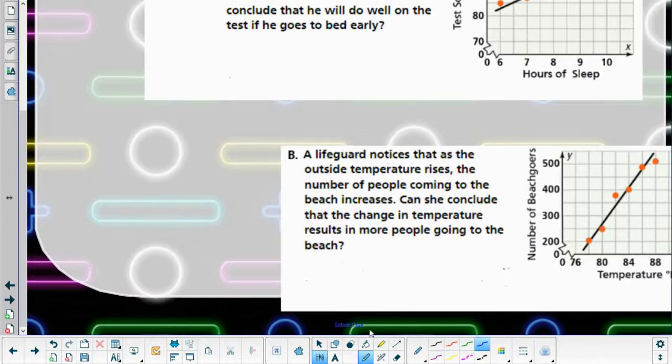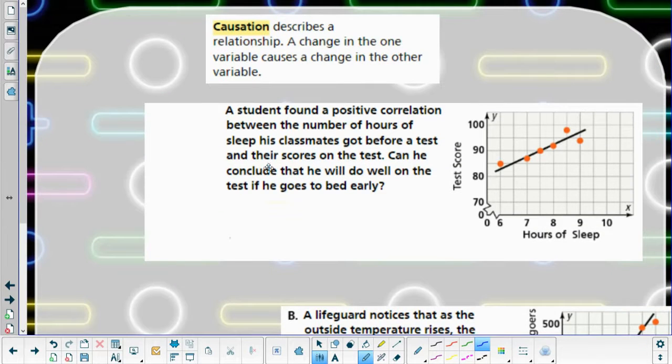Okay, so our first example I want to talk about is this one here. A student found a positive correlation between the number of hours of sleep that his classmates got before a test and their scores on their test. He can conclude that he will do well on the next test if he goes to bed early. So we see the correlation. It's a strong positive correlation.